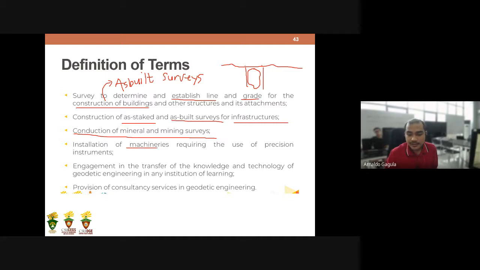Then installation of machineries requiring the use of precision instruments, placing and installing the machines in a specific location.